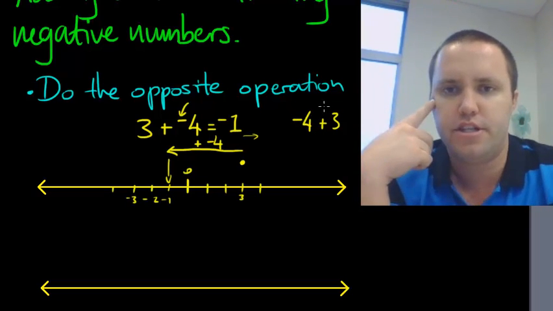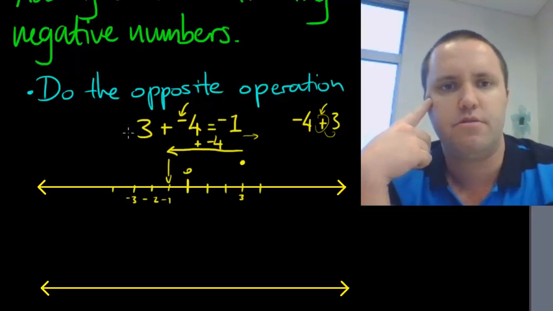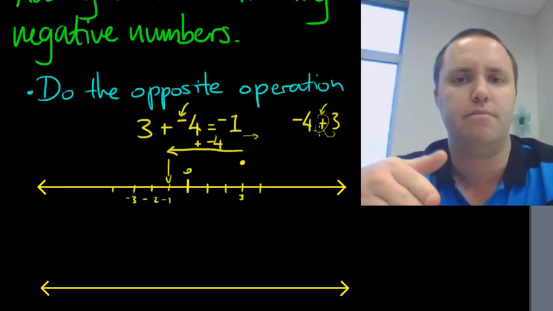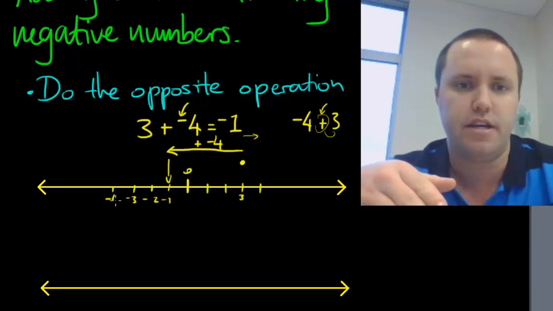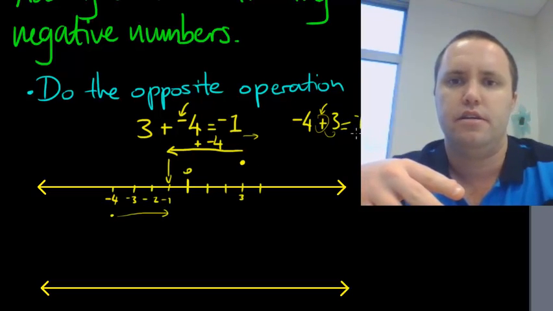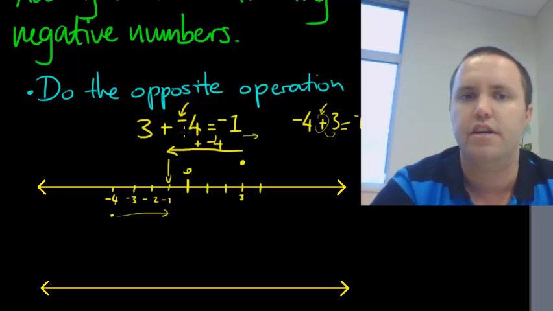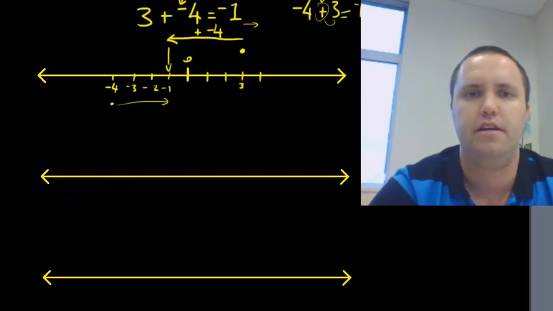So you don't change this to a subtract, because this plus belongs to this number here. So this would be negative 4 plus a positive number. This one was 3 plus a negative number. So let's have a look. Negative 4 is down here. If we started there and we added 3, we're going to end up, 1, 2, 3, at negative 1. So that works, okay? So don't think that you switch it just because there's a negative number involved. It's only if that's the one being added or subtracted, okay?